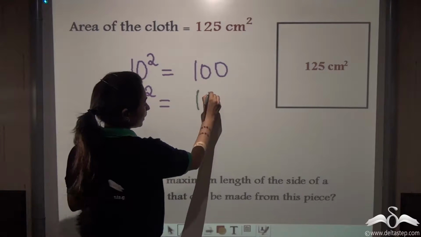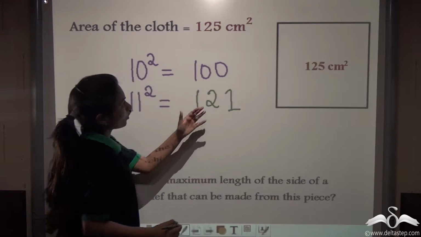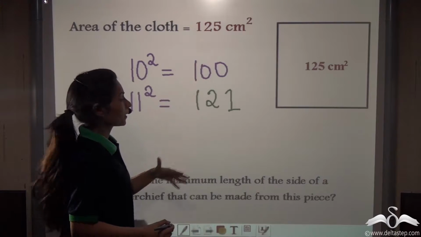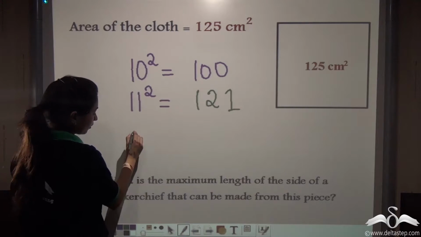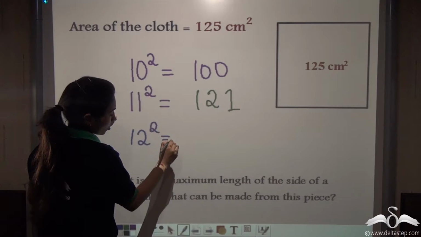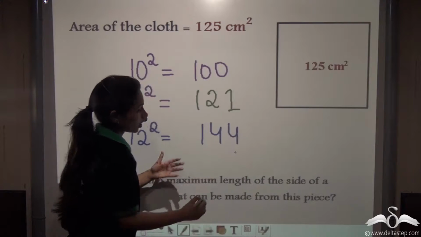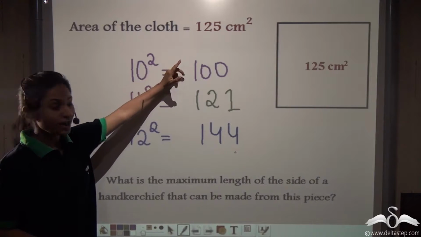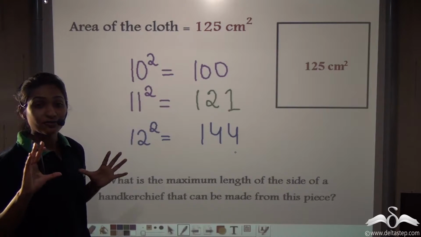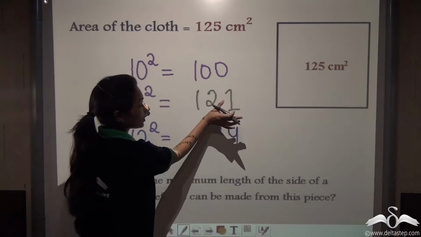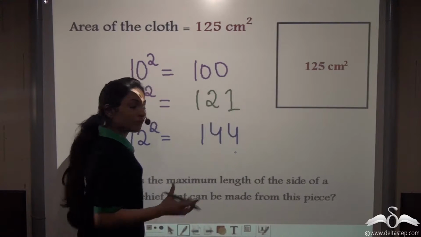That gives us 121. See how we are moving closer to 125? Now the next square. What do we get? 12 square is 144. Now this goes beyond 125. That means if 125 would be a square number, it would lie between 121 and 144.